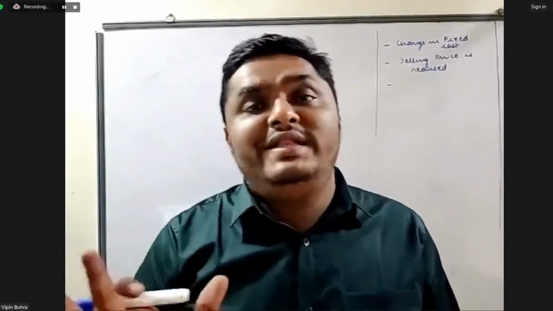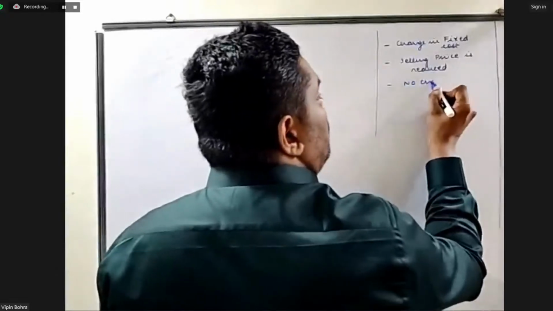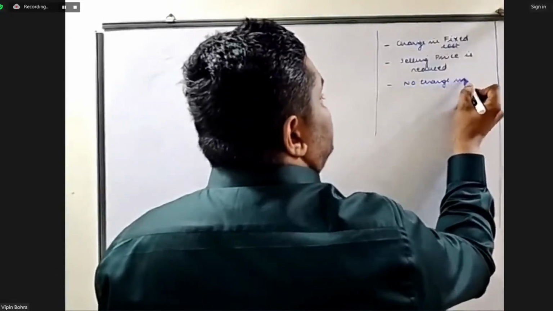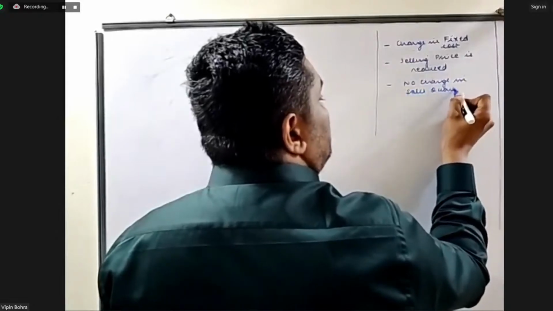Further, the third point, there is no change in sales quantity. The sales quantity in 21-22 and 22-23 is the same. So, no change in sales quantity.